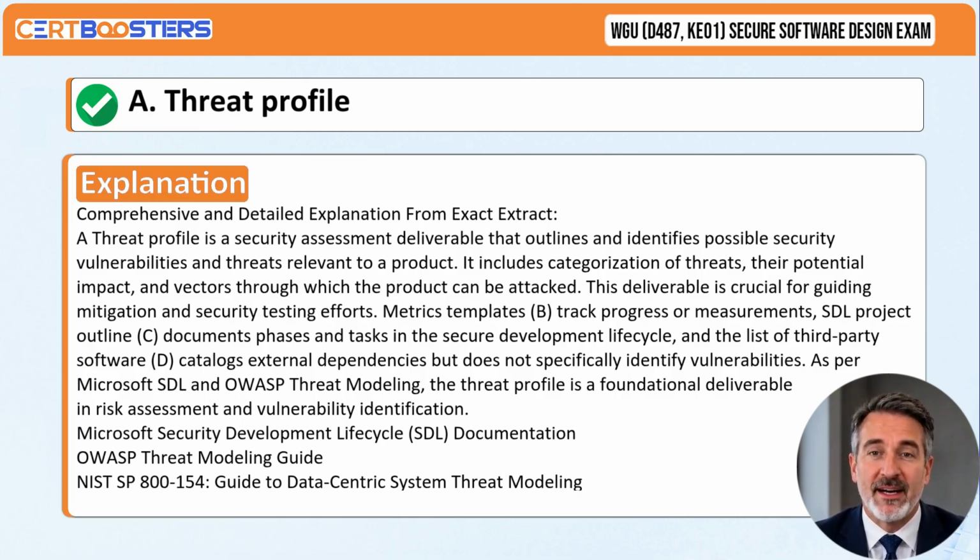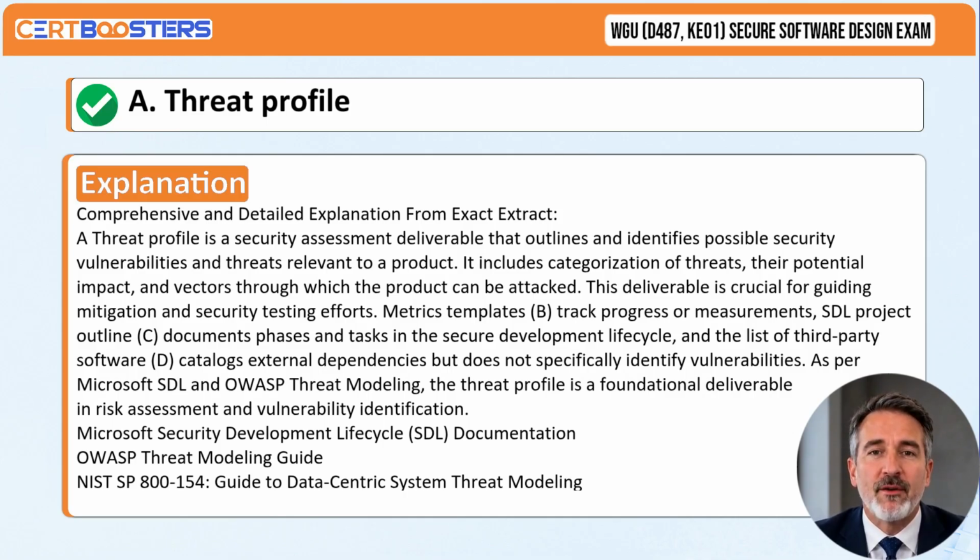This deliverable is crucial for guiding mitigation and security testing efforts. Metrics templates, B, track progress or measurements. SDL project outline, C, documents phases and tasks in the secure development lifecycle. And the list of third-party software, D, catalogs external dependencies but does not specifically identify vulnerabilities.